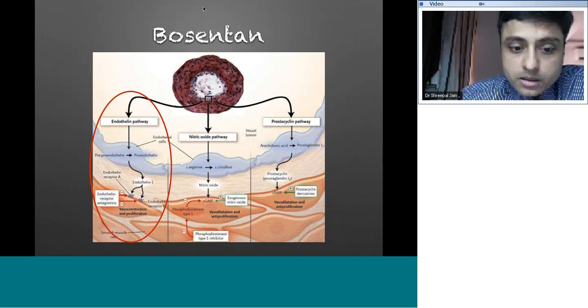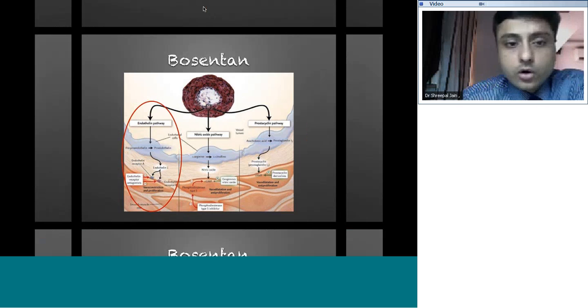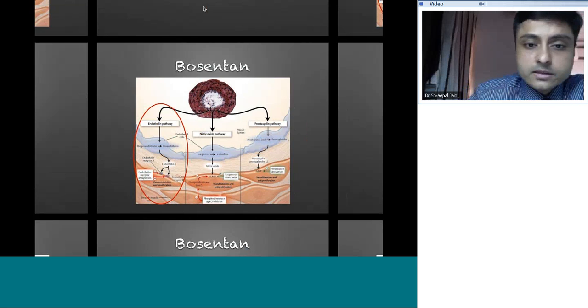So bosentan basically blocks both your endothelin A as well as endothelin B receptors and leads to vasodilatation and has anti-proliferative action. Side effects of this include peripheral edema, systemic hypotension, fatigue, and increased liver enzymes, which is seen in roughly around 10 to 11% of cases.